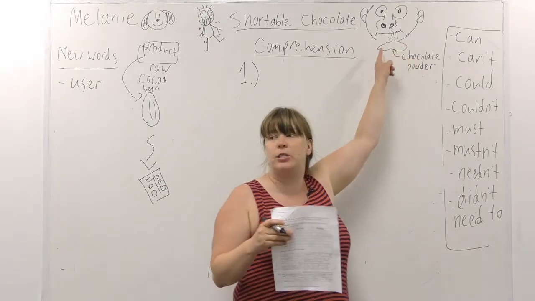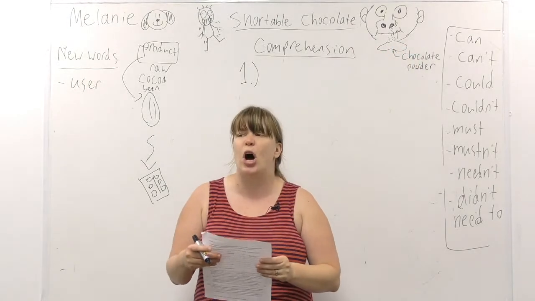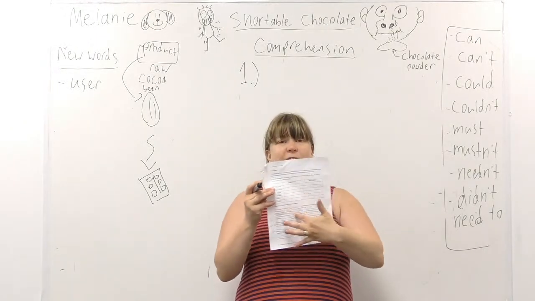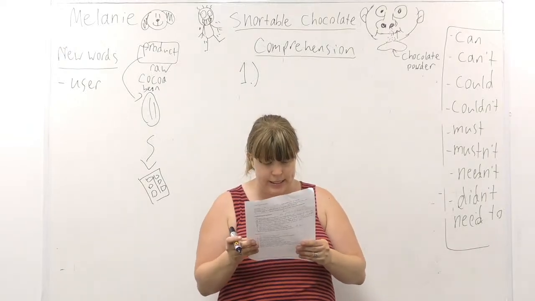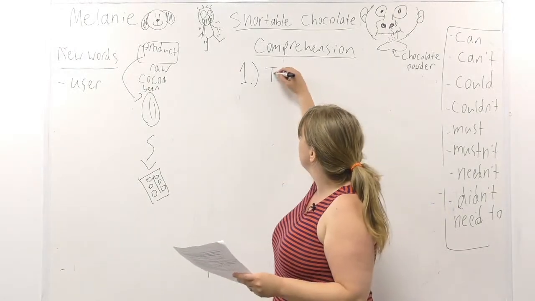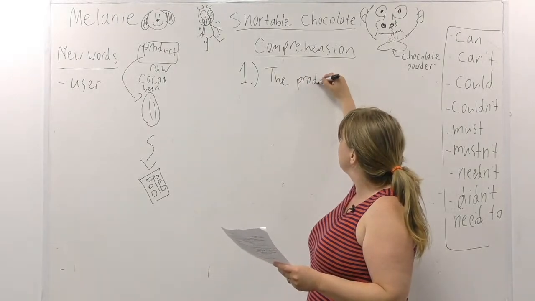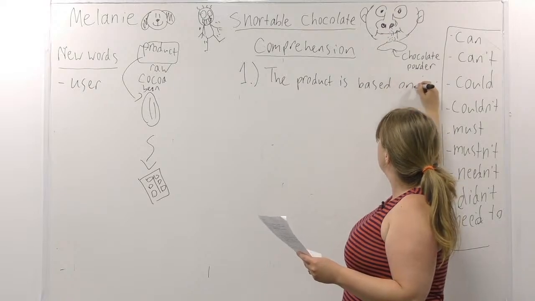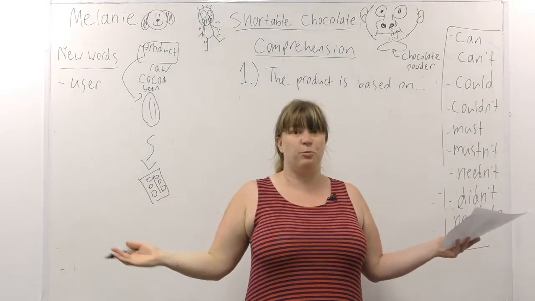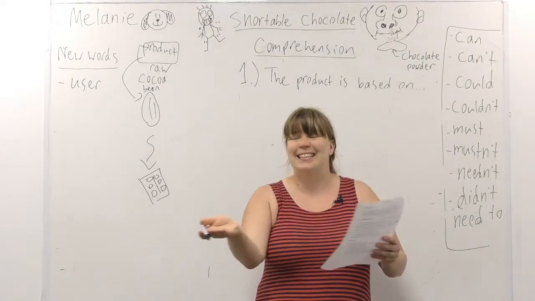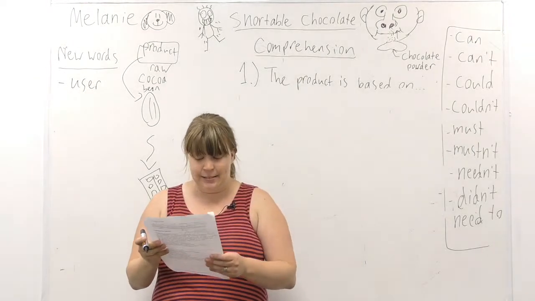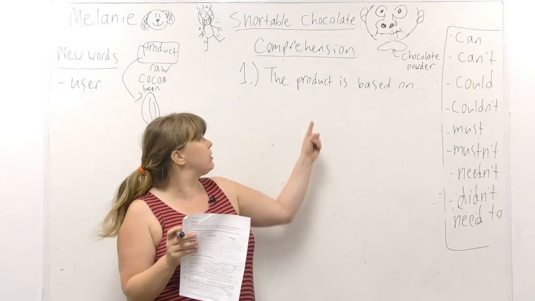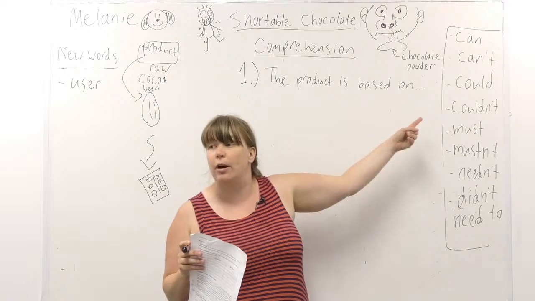So this is the product. What is it based on? So if you remember, at the beginning here, we have something. It says the product is based on, what is it based on? What do you guys think? So you can find the answer up here. So just look for the product is based on.